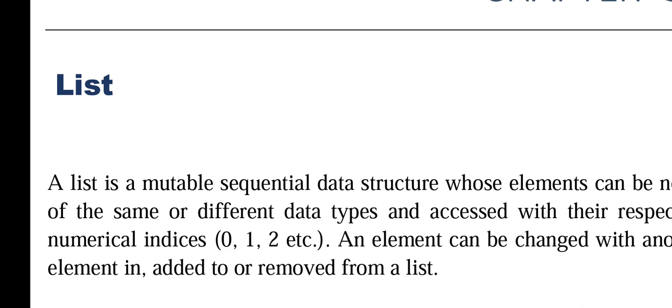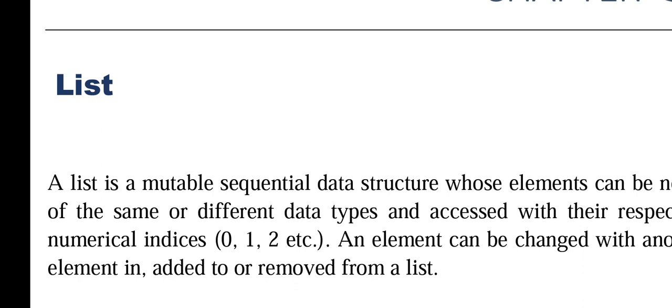A list is very similar to a string in the sense that both are sequential data structures, but the difference is that the elements in a string are characters. The elements in a list can be of any data type.